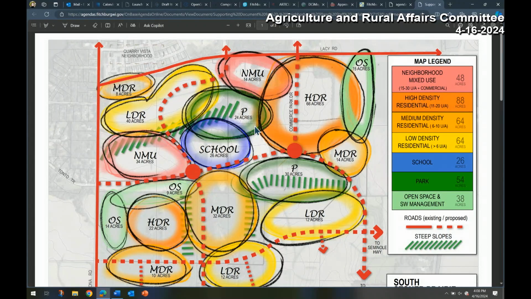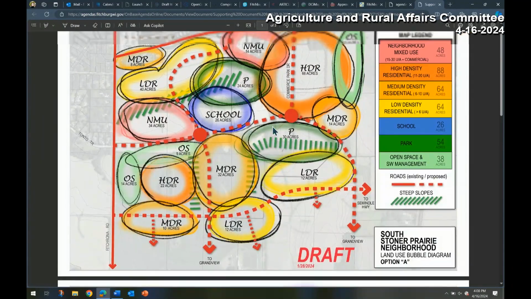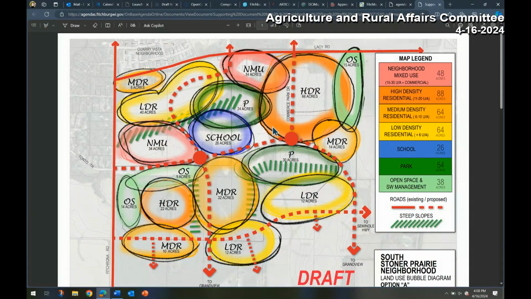So this is the first one, which is option A. There's actually two options for South Stoner Prairie. I'll just point out a couple of things here. This one has high density residential where Commerce Park would come through. And this one is showing the school.